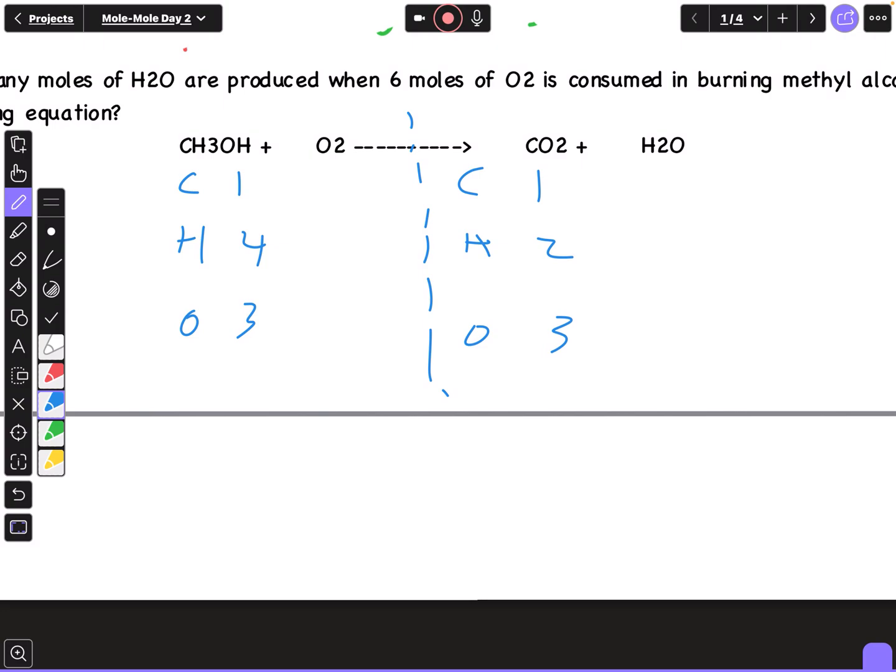I put a 2 right here. It's going to balance my hydrogens out to make me have 4, but it's going to change my oxygens. Now I got 4 oxygens. And now I've run into a problem with this one, where I'm going to have to guess at it.